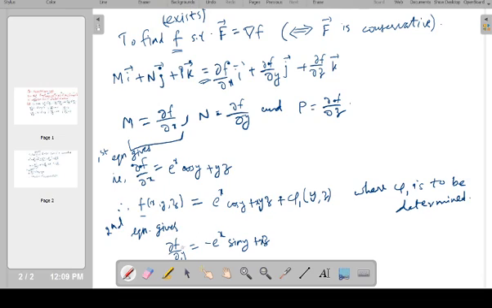See, this is your f. You differentiate that with respect to y. So what you will get? Minus e to the power x sin y plus xz plus dou phi1 by dou y, and that must be equal to your n. What is your n? n is xz minus e to the power x sin y.